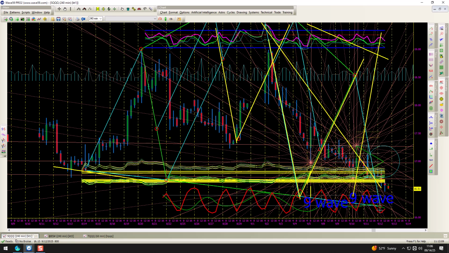Let's assume this is the low, and I've done it the other way, but we'll go backwards here. 9, 8, 7, 6, 5, 4, 3, 2, 1. So that was 0. Look here, there's the spread between them. That's what started that.